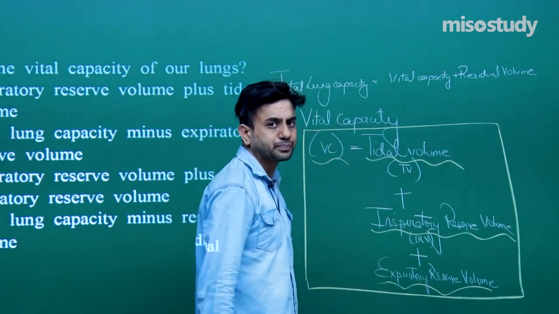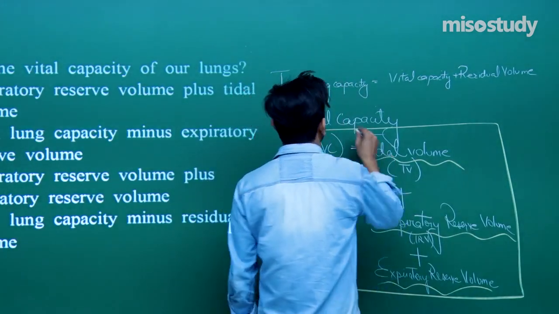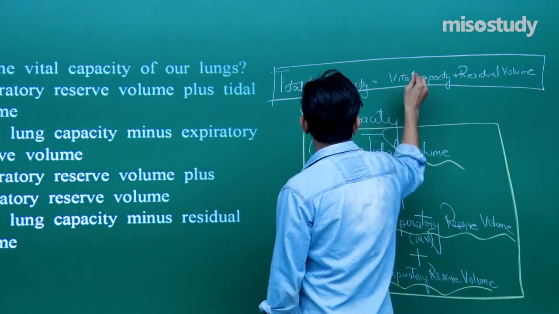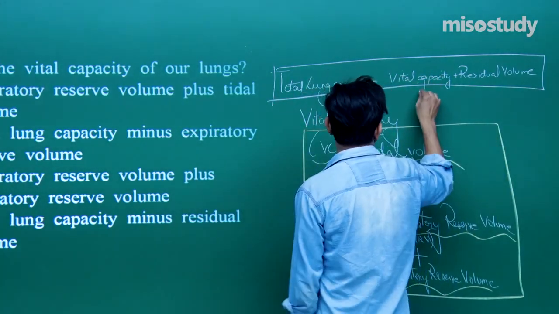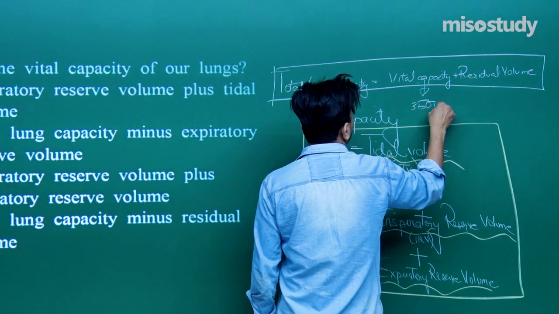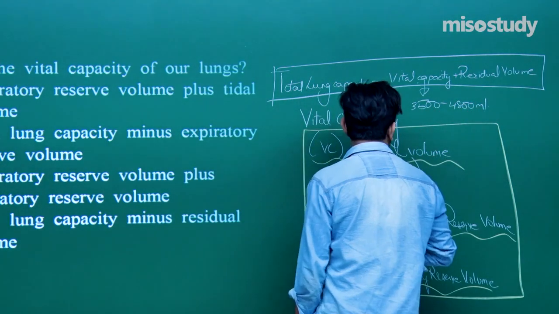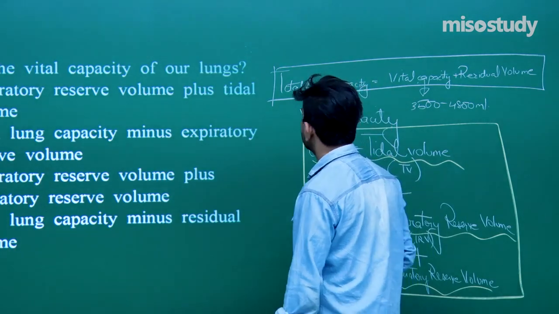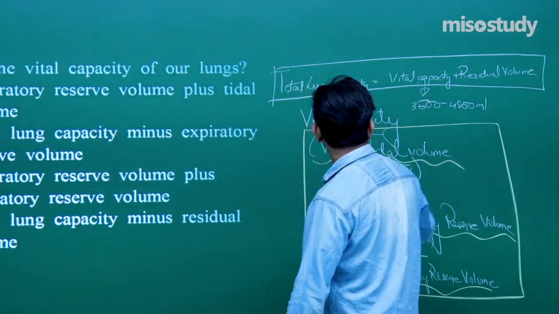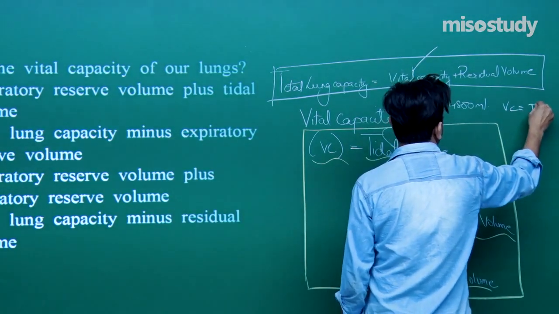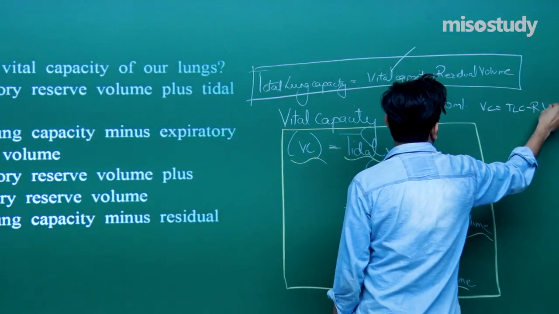Obviously the vital capacity will be in the range of 3500 to 4800 ml. Hence the vital capacity we can write as the total lung capacity TLC minus RV.